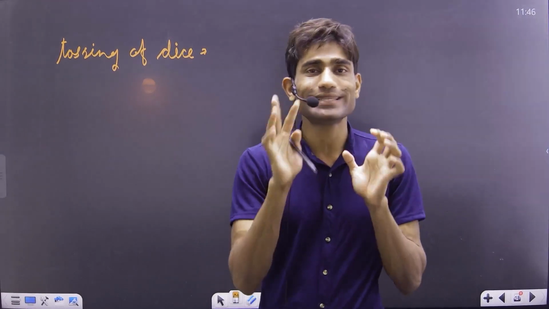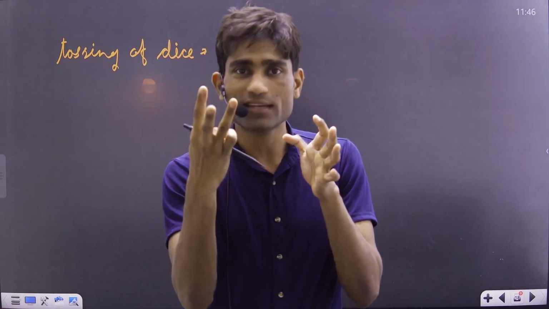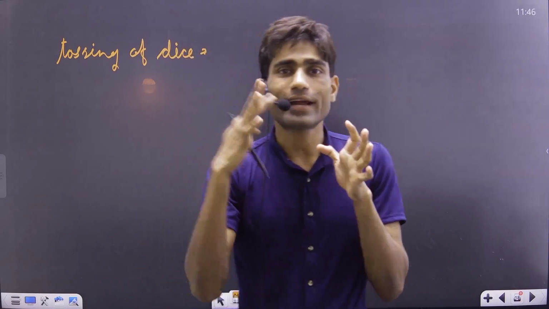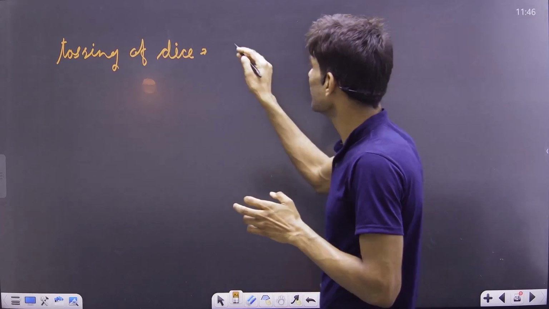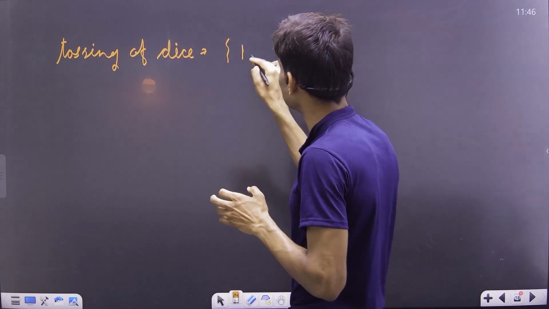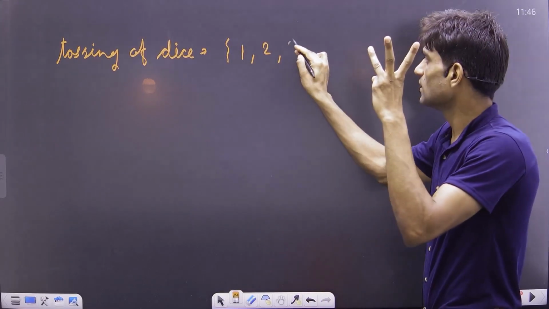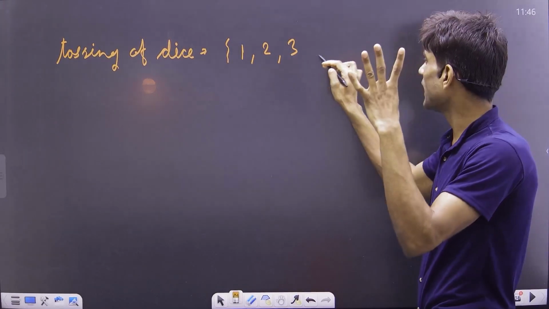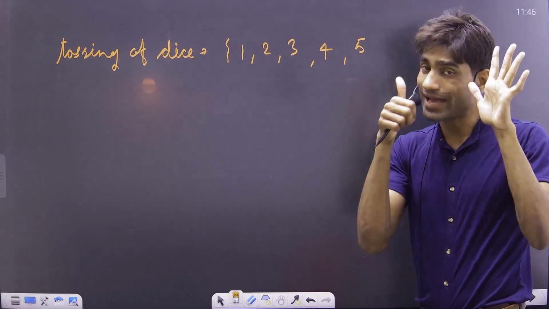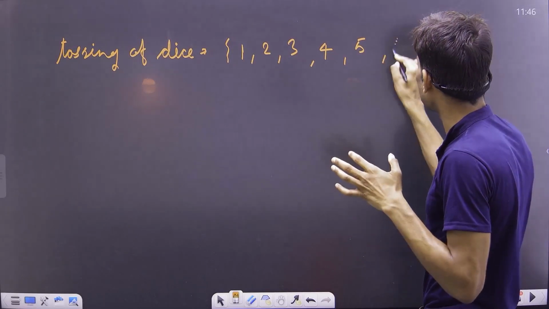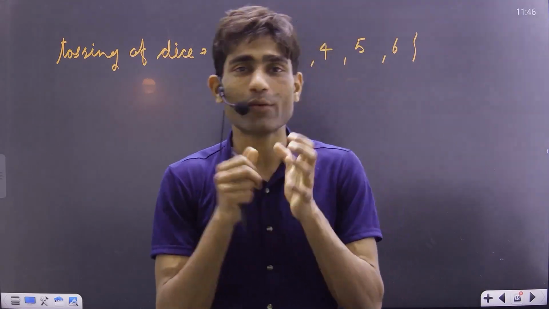If you go to the second side, you get 2 dots, the third side contains 3 dots, next side 4, after that 5 dots, and a total of 6 dots on the last side. Tossing a dice gives us 1 dot, 2 dots, 3 dots, 4 dots, 5 dots and 6 dots, as we have a total of 6 surfaces on our dice.